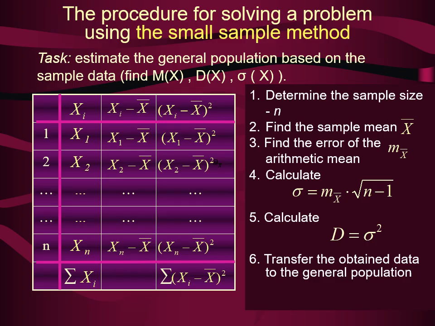This difference can be calculated modulo, without taking into account the sign, in other words, the smaller value is subtracted from the larger one. Well, the calculations are already beginning, so we go directly to the scheme for determining the general parameters based on sample data.